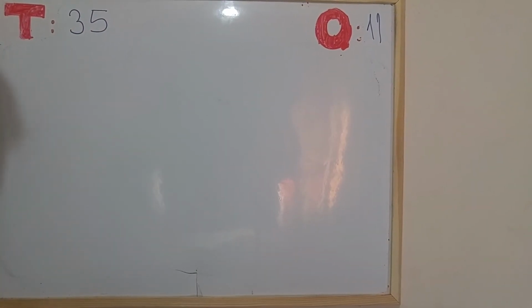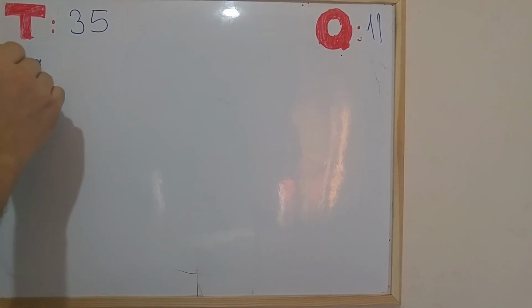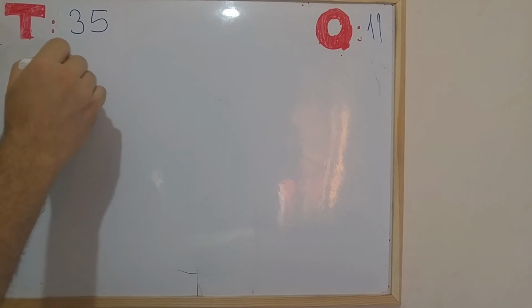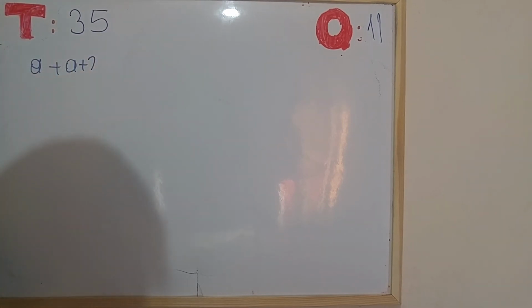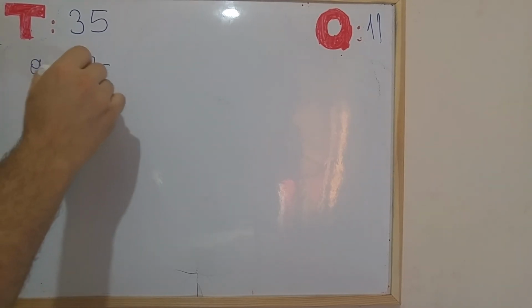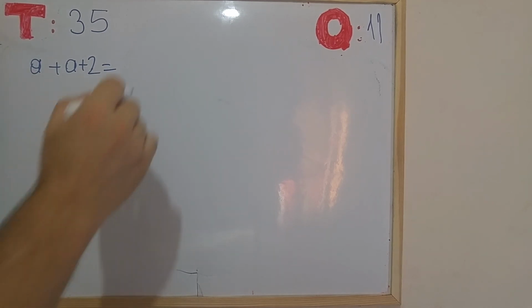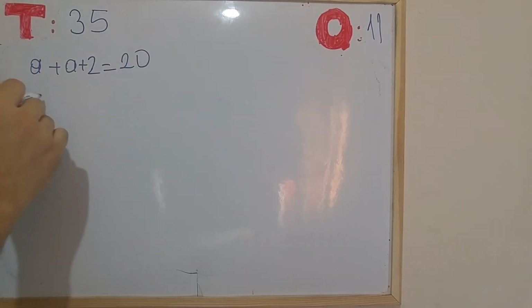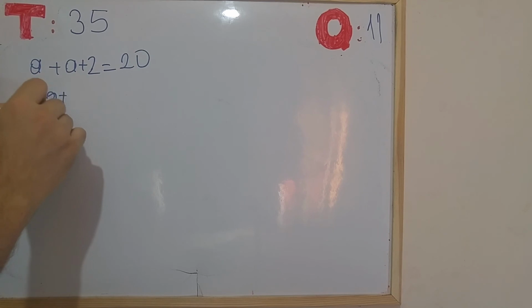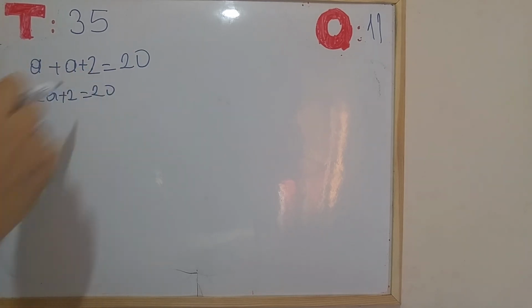Sum of two consecutive odd integers is 20. Let's call the first one a and the second one a plus 2. So a plus a plus 2 is equal to 20. Therefore, what I have is 2a plus 2 is equal to 20.